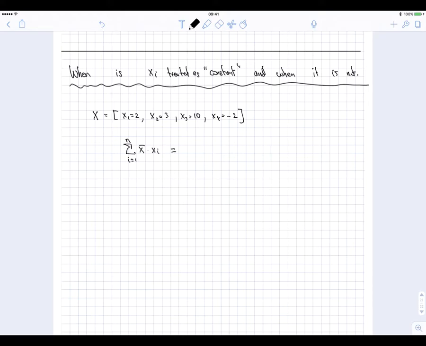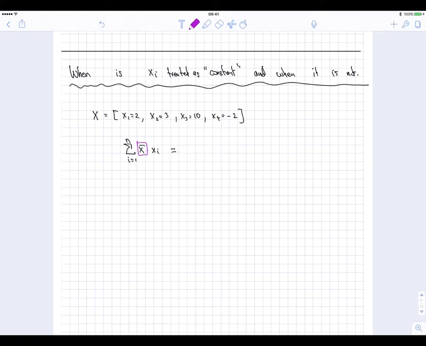Well, I could say things like x bar is a constant, so I can pull that out of the summation notation. Maybe the word constant is not really a good word. Maybe what I should say is x bar is a non-changing term. Right?